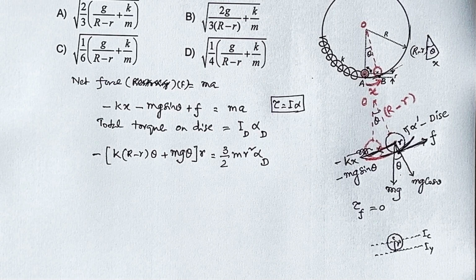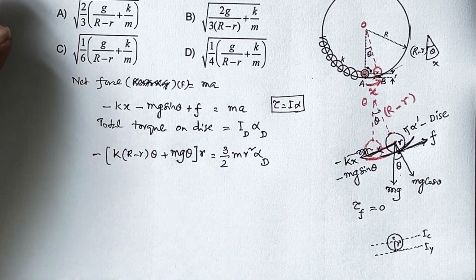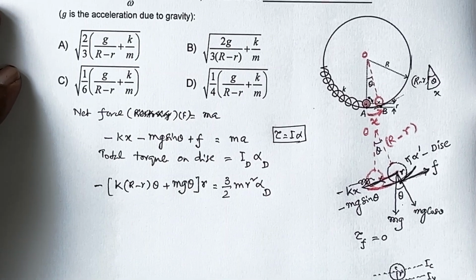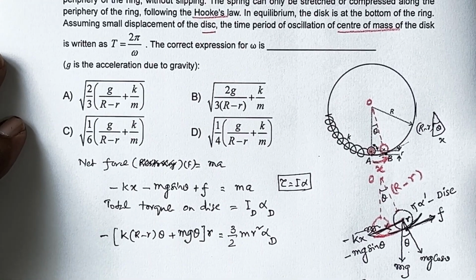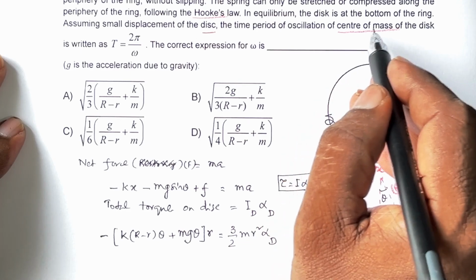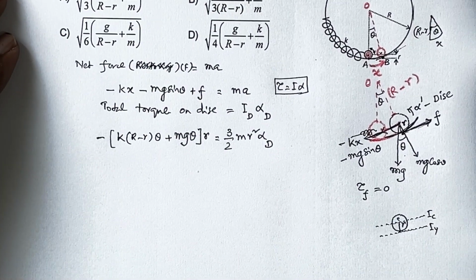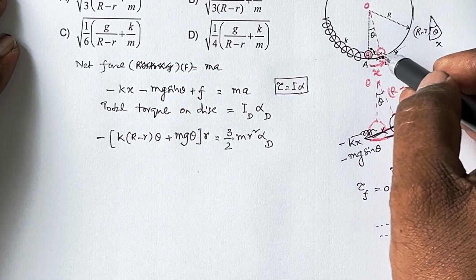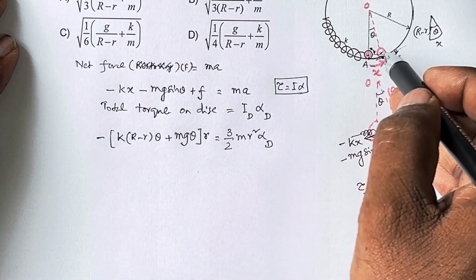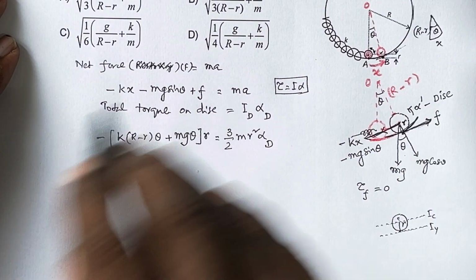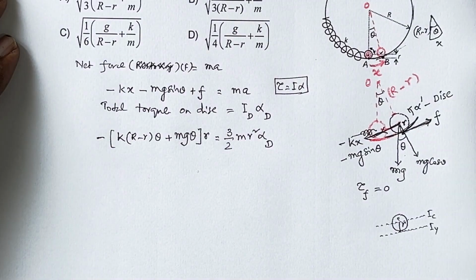Now what is the question? The question is, see, once again revisit this question. The time period of oscillation of the center of mass of the disk we want. This center of mass of the disk, the center of mass angular acceleration about O we have to calculate.